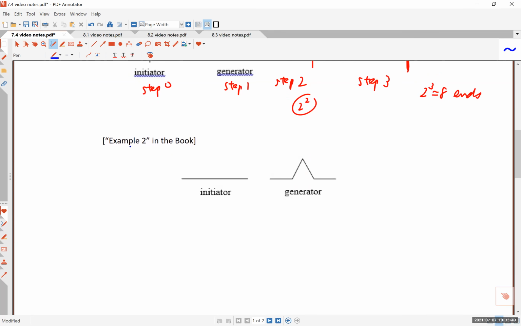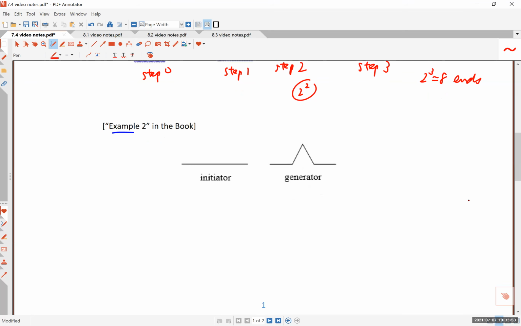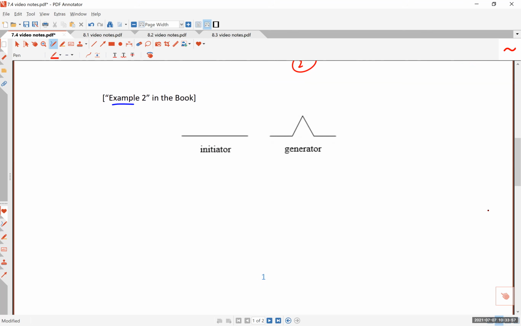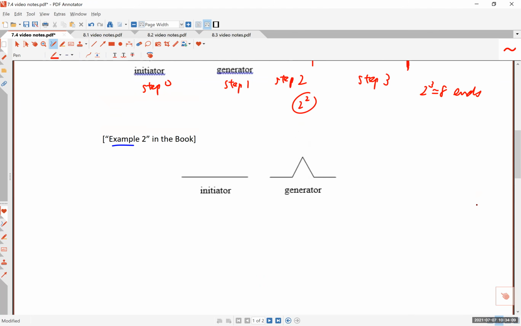All right, let's look at another example. This is example 2 in the book in section 7.4. And by the way, I encourage you to look in the text of section 7.4 in the textbook, because it gives you a lot more examples and more detailed explanations.